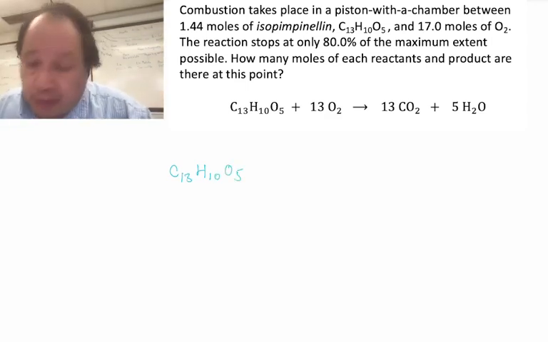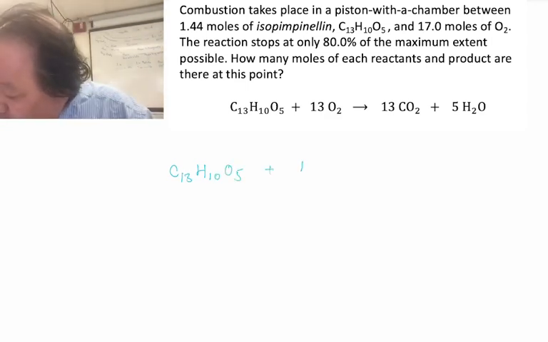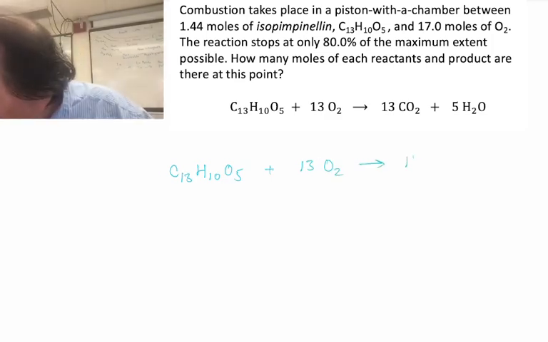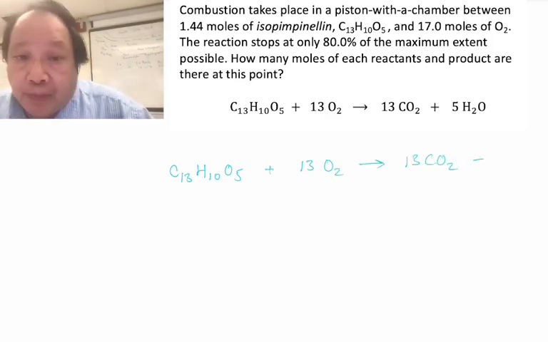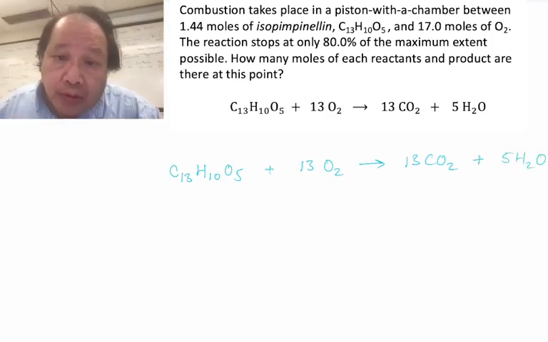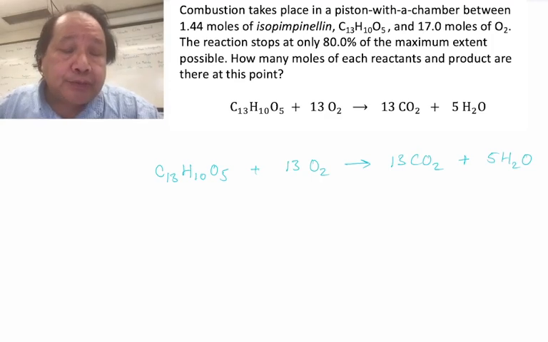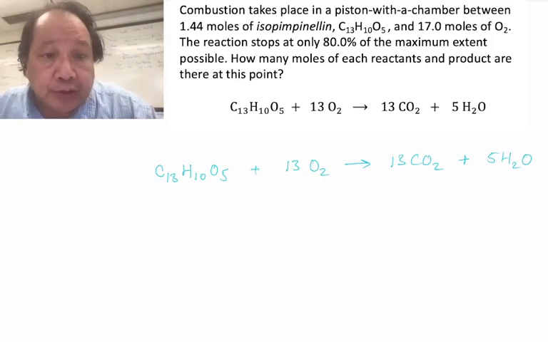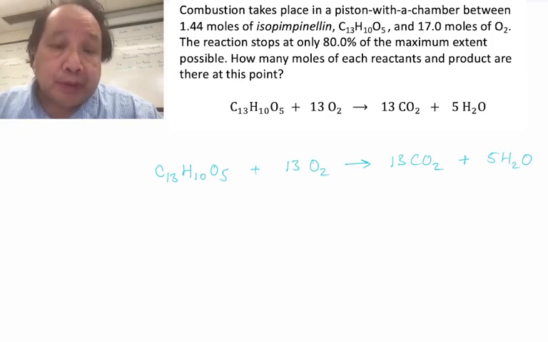C13H10O5 plus 13 O2 goes to 13 CO2 plus 5 H2O. You can see that this reaction is a combustion reaction. But just because the reaction is a combustion reaction doesn't make this a combustion analysis problem. Instead, as we will see, there will be a limiting reactant.